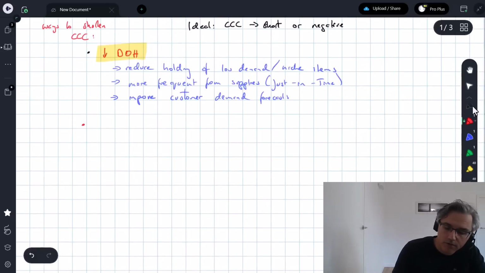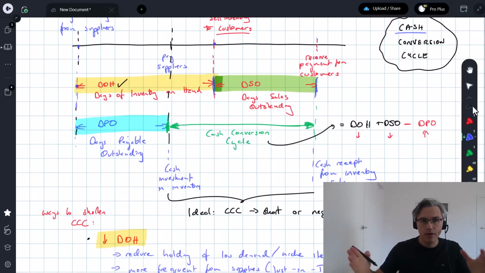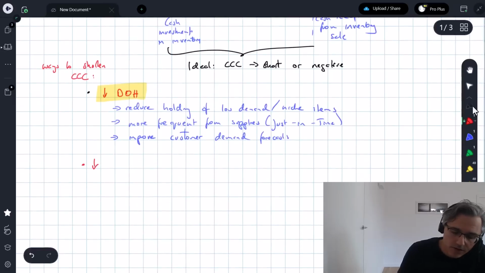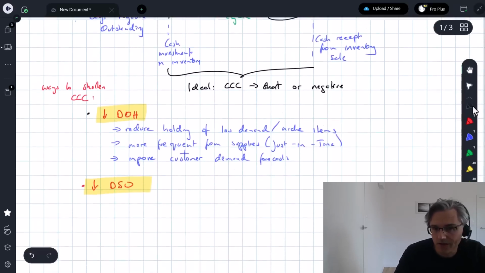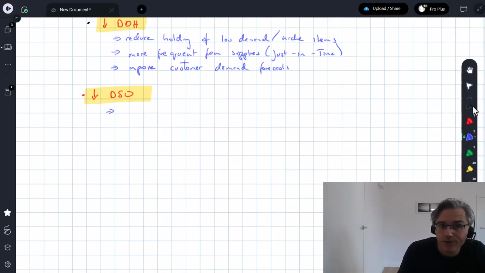Right, what about reducing the period over which you're waiting for your customers to settle with you? So reducing DSO, days sales outstanding. Here, encourage timely payment from your customers, encourage prompt payment.